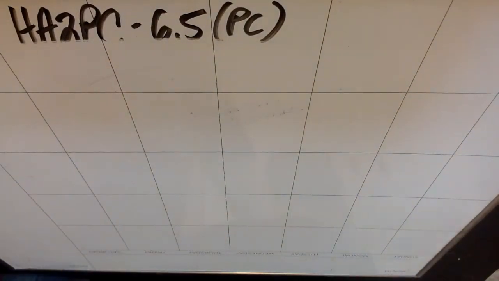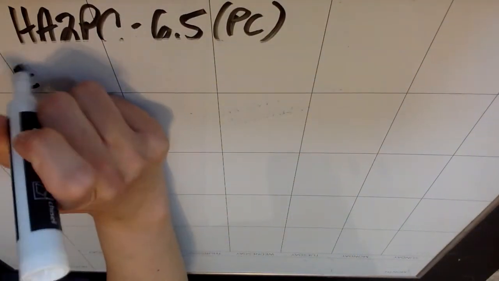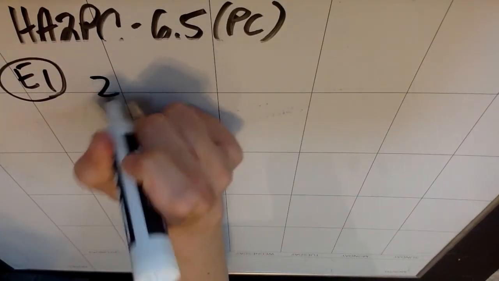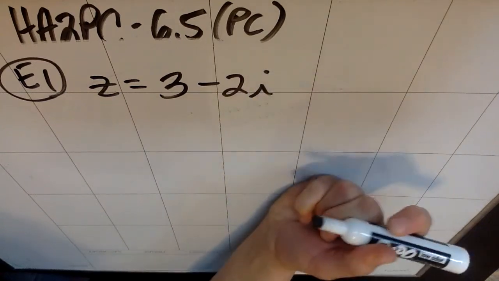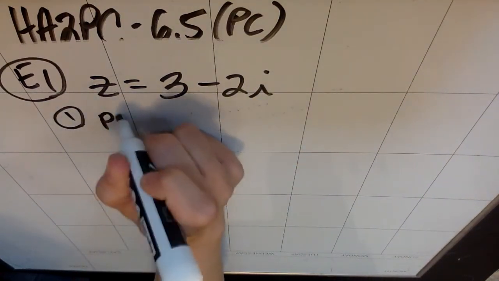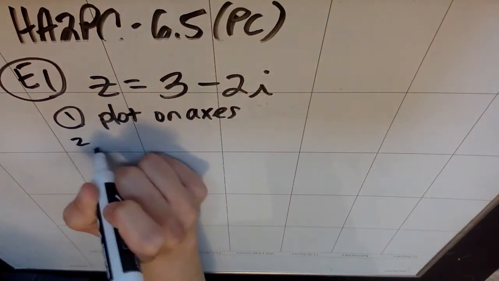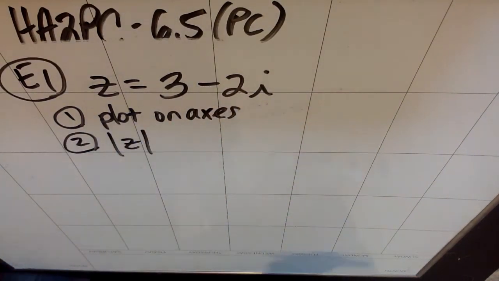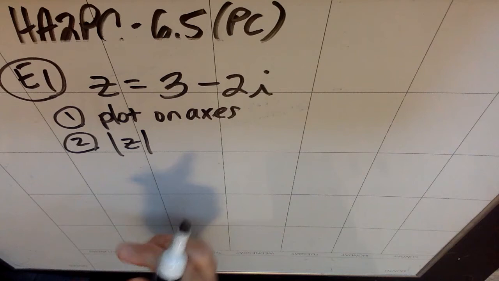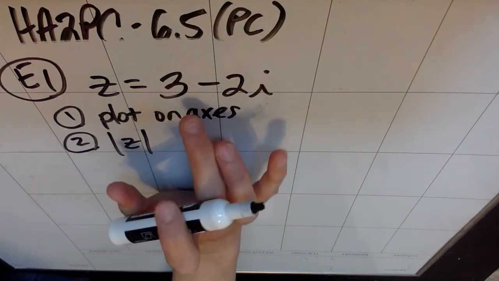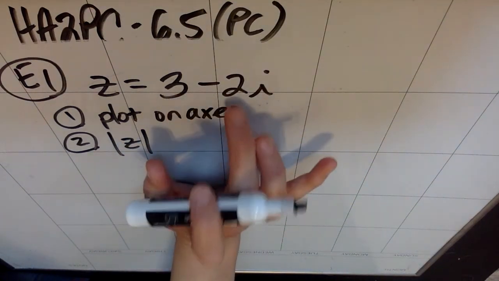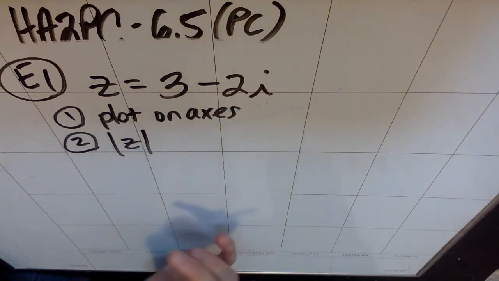So, for example 1 in 6.5, let's say that I give you z equals 3 minus 2i. First thing we're going to do is plot it on the axes, and the second thing I want us to do is find the absolute value of z. If I plot this on the axes, remember my real axis is essentially my x, so I'm looking at an x coordinate of 3, and my imaginary axis is my y, so I'm looking at a y of negative 2.